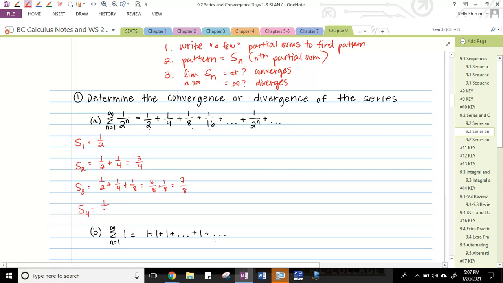Again, for our notes, I'm writing all of this out, but hopefully in your homework you would just say the fourth partial sum is the third partial sum plus the next term, so 7/8 plus 1/16. So 14/16 plus 1/16, 15/16.